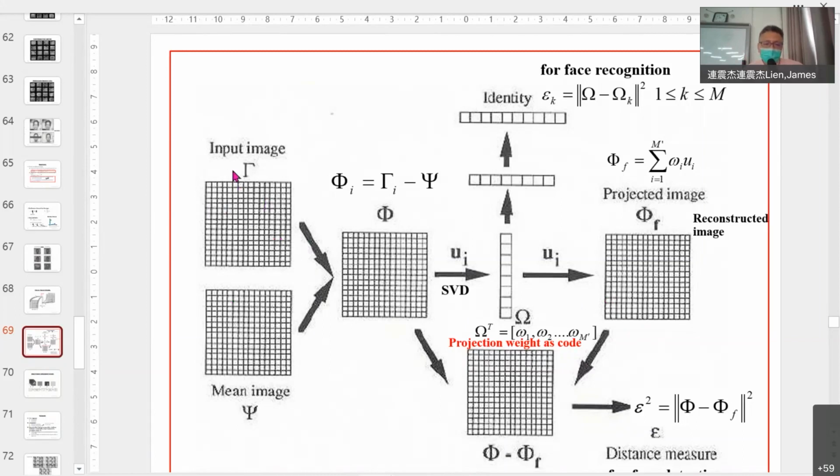Okay, so this original image and this average image, they do subtraction here. So it's unbiased. Bias means 偏移, unbiased 不偏. This is pre-processing. When you do deep learning right now, you also divide by the standard deviation and normalize between -1 and 1. Back then, for each original face they only subtracted the average face to become unbiased.